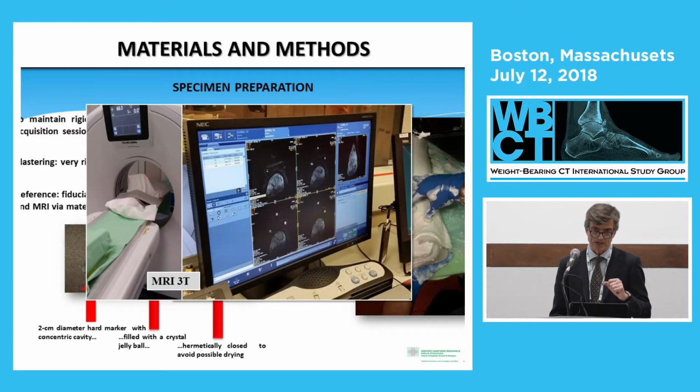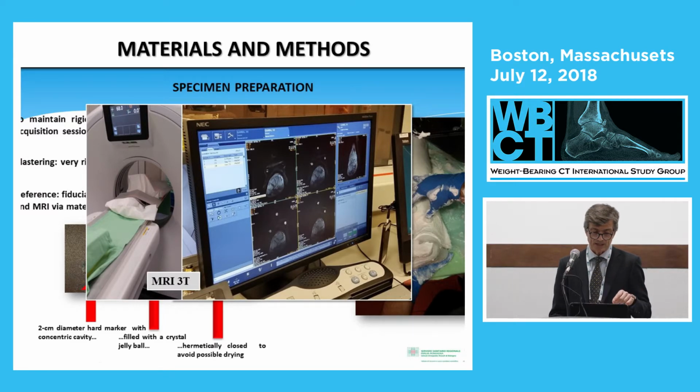So basically, to be sure that the object was the same, we have taken the specimen in a cast, and we have fixed a number of fiducial markers which would imply both a plastic shell and a jelly ball to be then identified both with CT and MRI.